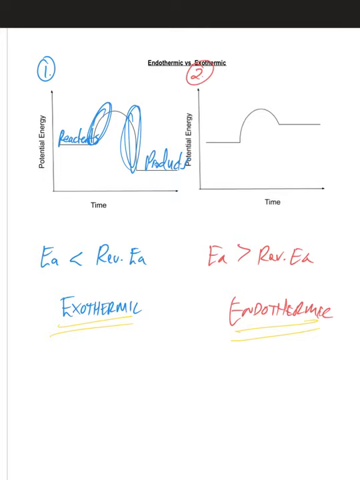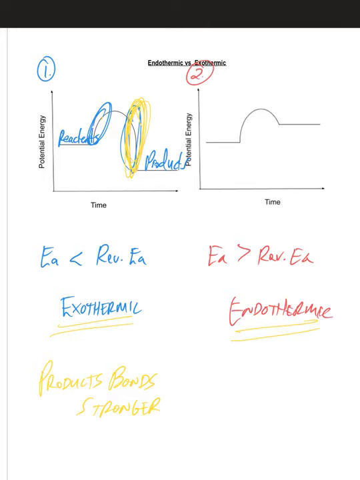Here, more energy is needed to break the bonds of the products, so our products bonds would be stronger, because more energy is needed to break those particular bonds. The reverse activation energy is higher.